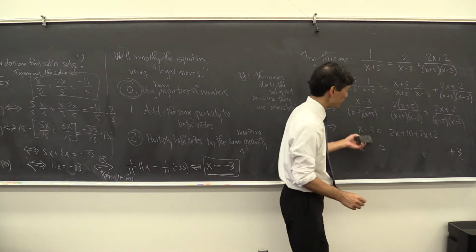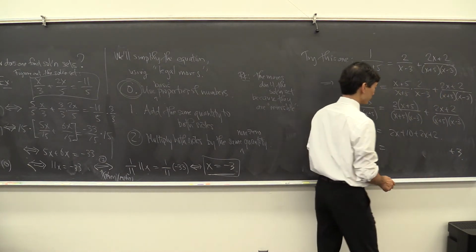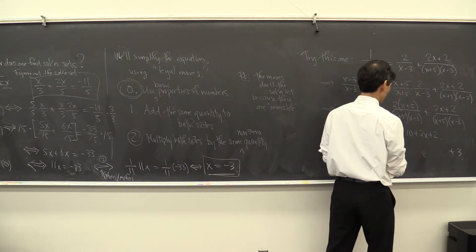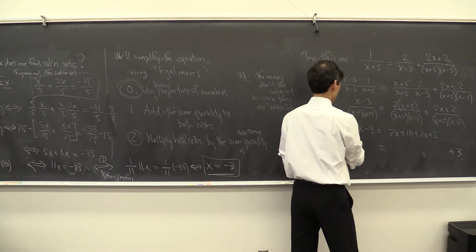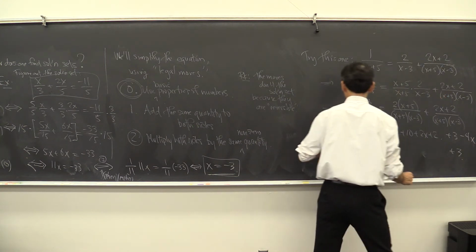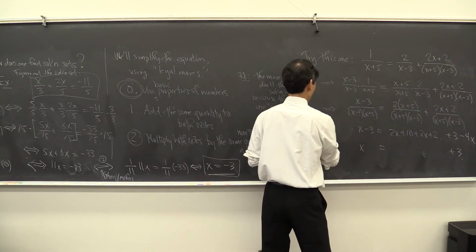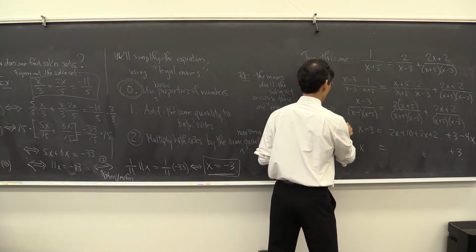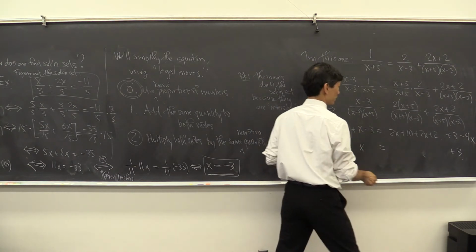So we get the minus 3 plus 3, that becomes 0. And then we're going to add 3 minus 4x to both sides.